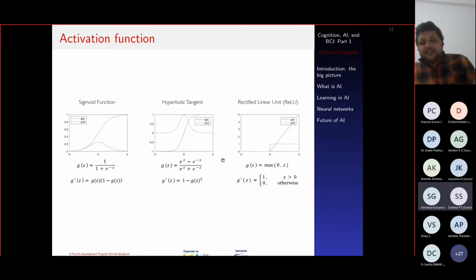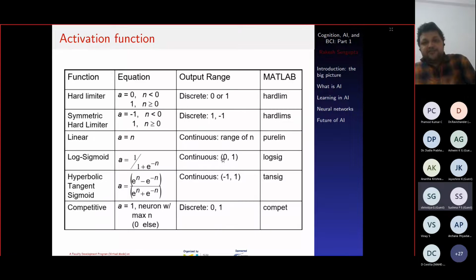These are some of the functions that are used in general in most of the neural network and machine learning literature: sigmoid, hyperbolic tangent, rectified linear unit. Mind you, ReLU units are some of the biggest components of deep learning and convolutional neural networks. These need to be paid special attention. You can find those in MATLAB also. There are the hard limiter, symmetric hard limiter, linear, log sigmoid. There are some other competitive functions that are available for you to build your own different kinds of neural networks.